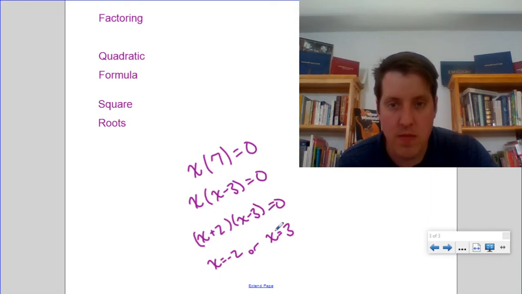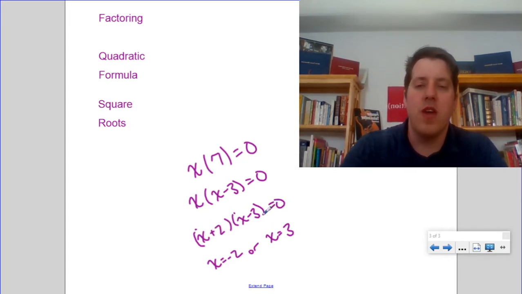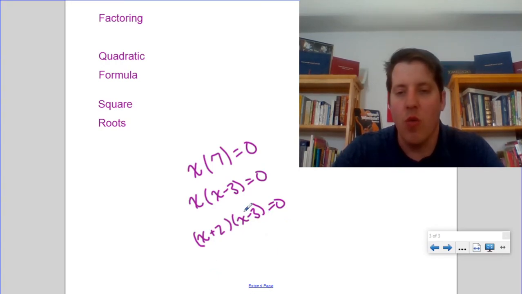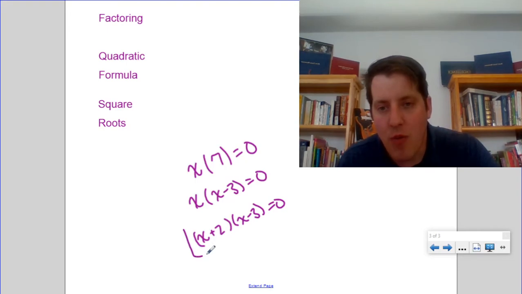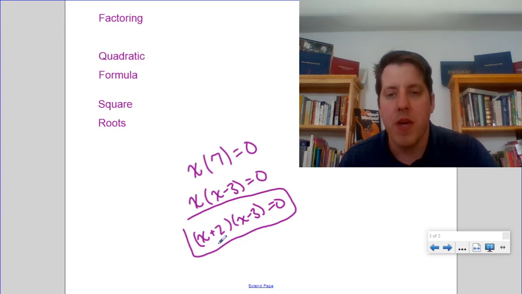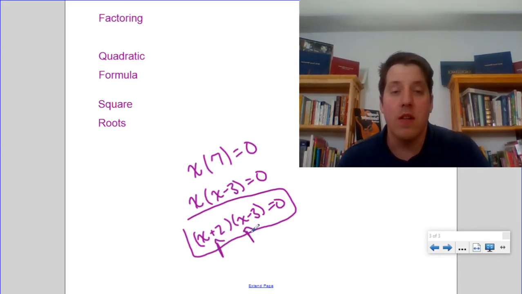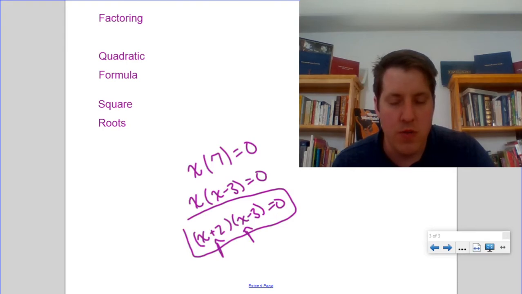Positive 3, because if you plug that in here and here, you'd get 5 times 0, which is 0. So the idea of factoring, solving in that particular way, is to say, can I write my equation like this? Because that way I can pick out what I could plug in to get 0 for my equation.